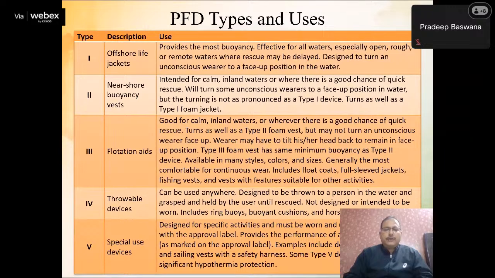And the last is special use device, which we have discussed earlier also, designed for specific activities and must be worn and used in accordance with the approval label, provides the performance of a type 1, 2, or 3 device as marked on the approval label. Examples include deck suits, work vests, or sailing vests with a safety harness. Some type 5 devices provide significant hypothermia protection also.